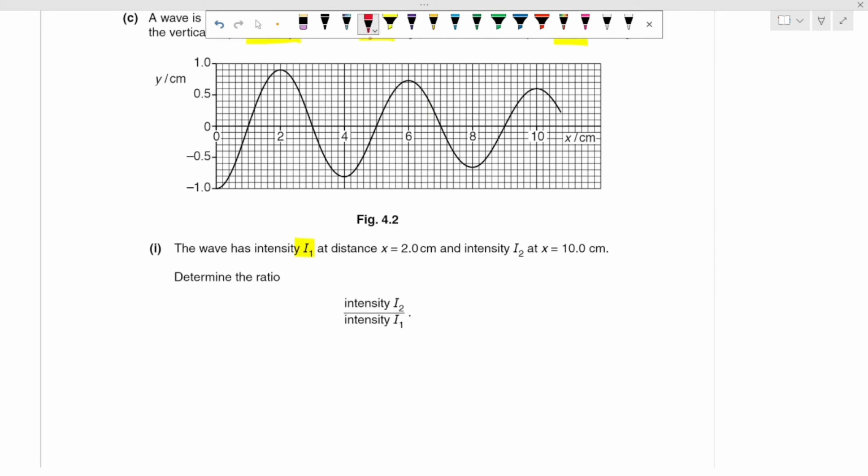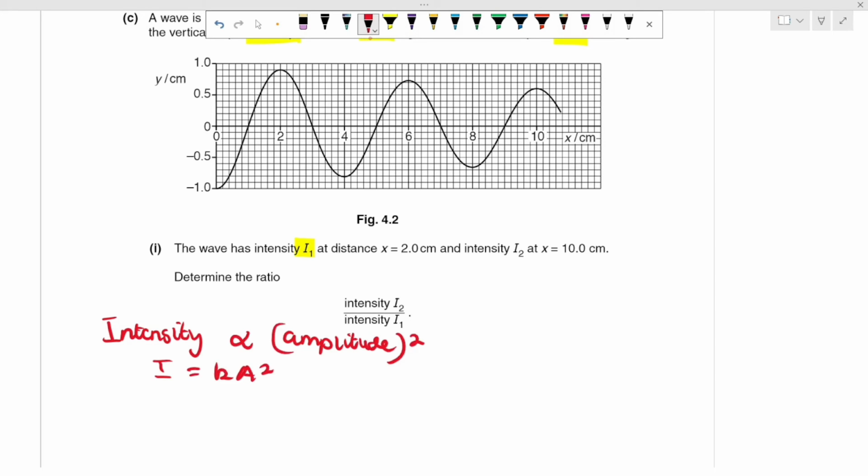I know that intensity is directly proportional to amplitude squared. So I would be equal to k times a squared. That's what you should know.